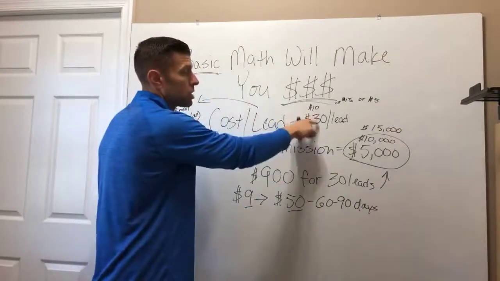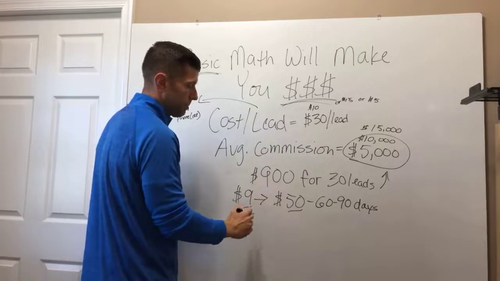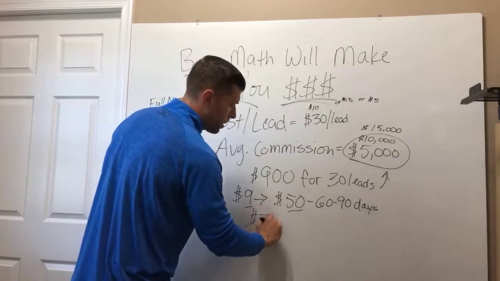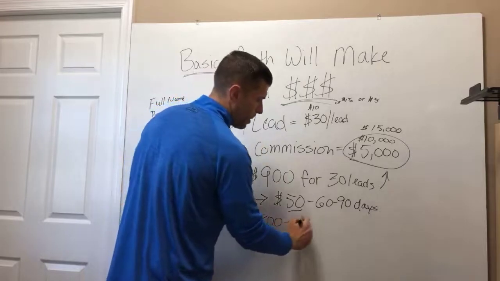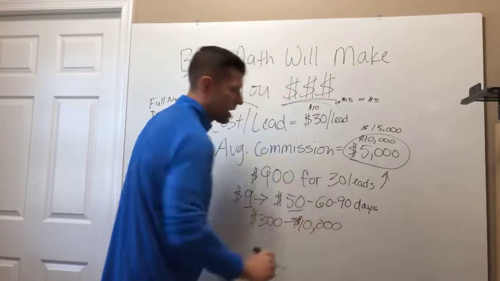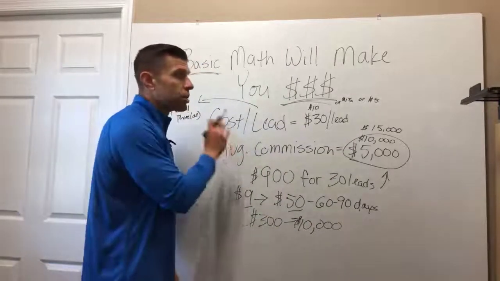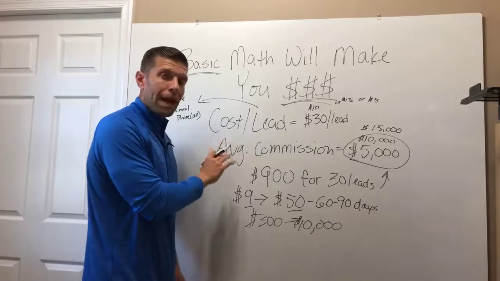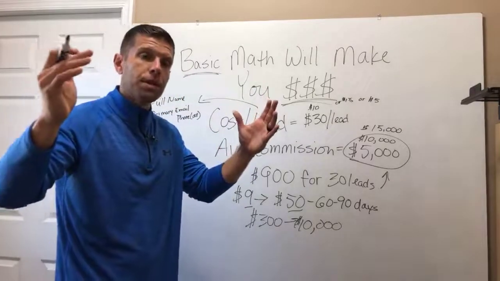For example, if your cost per lead was $10 instead of $30, and we needed 30 leads, that would be $300. And if our average commission was $10,000 instead of $5,000, that means for every $300 we spend, we're going to turn that into $10,000. Pretty powerful stuff, right?